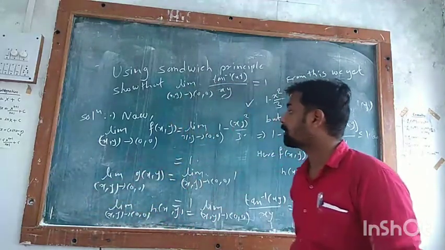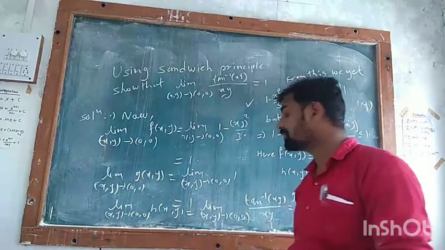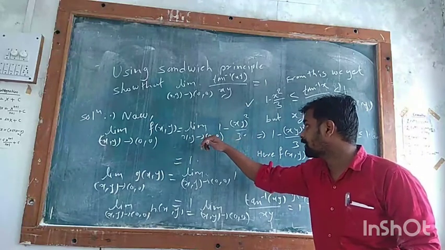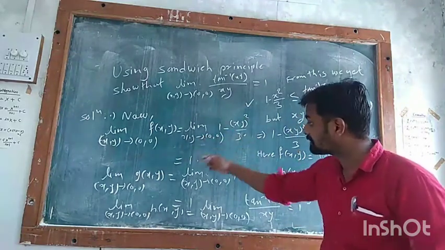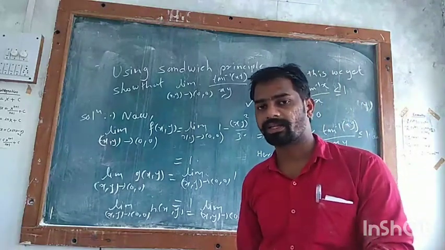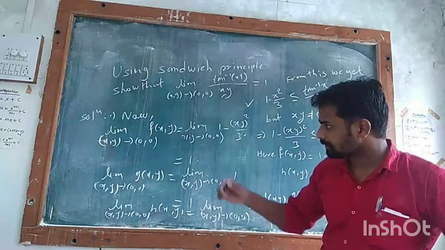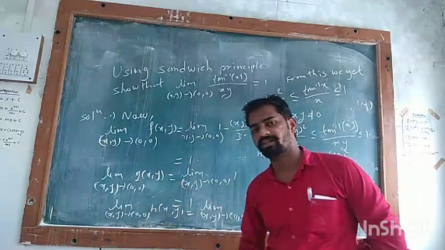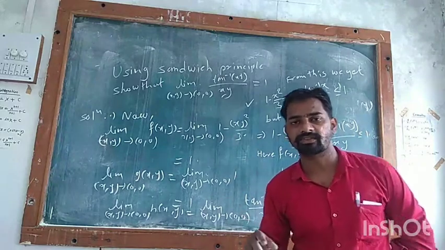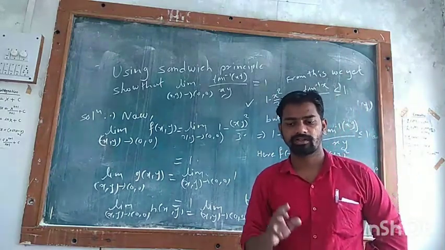For finding limit of f of xy, limit as xy tends to 0, 0 of 1 minus xy square upon 3, if you put the value of x and y as 0, then we get the answer 1, and limit as xy tends to 0, 0 of g of xy, that is 1, is also 1. So we get by sandwich theorem limit as xy tends to 0, 0 of h of xy is also 1, that is limit as xy tends to 0, 0 of tan inverse of xy upon xy is 1.